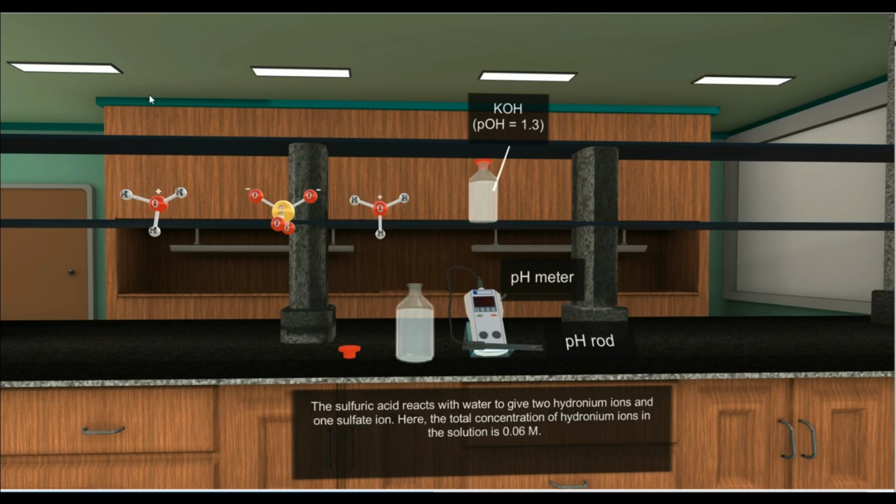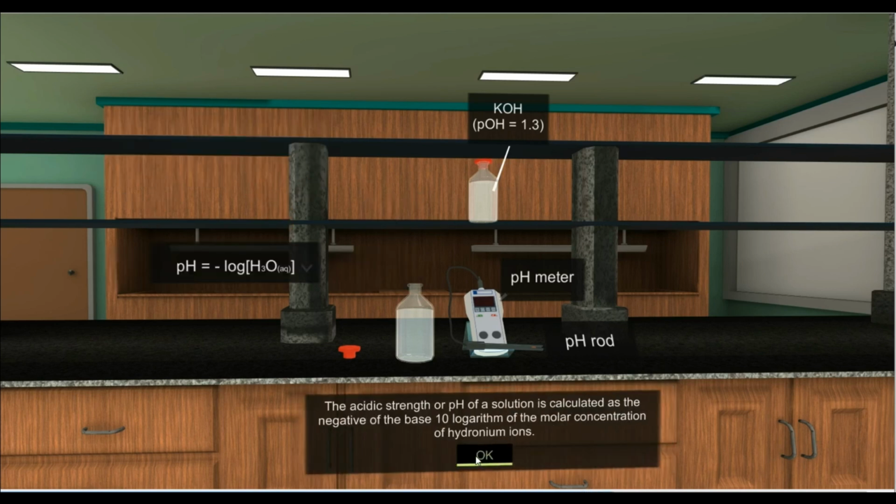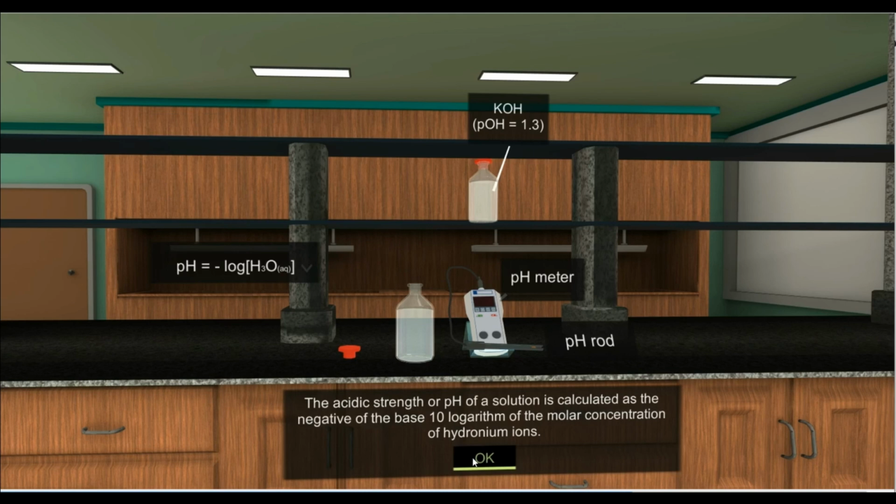So what we're going to do is substitute the concentration 0.06 molar into the formula for the calculation of pH. We're going to pick the value for concentration of hydronium ions.